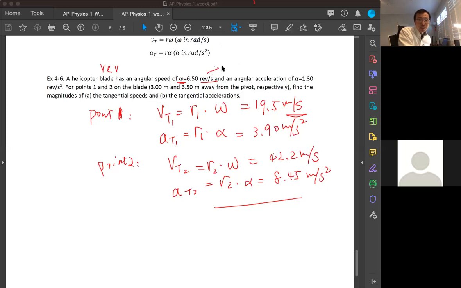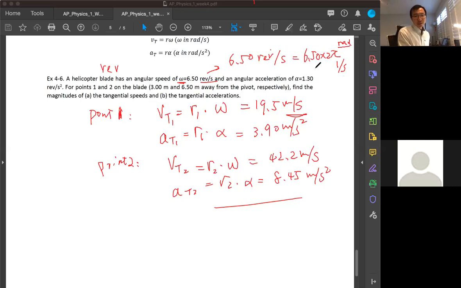Like this one, 6.50 revolutions per second. You need to convert that into radians per second first. We know 1 revolution is 2 pi radians, so you can write 6.50 times 2 pi, per second. You can simply ignore the radian because radian is dimensionless.